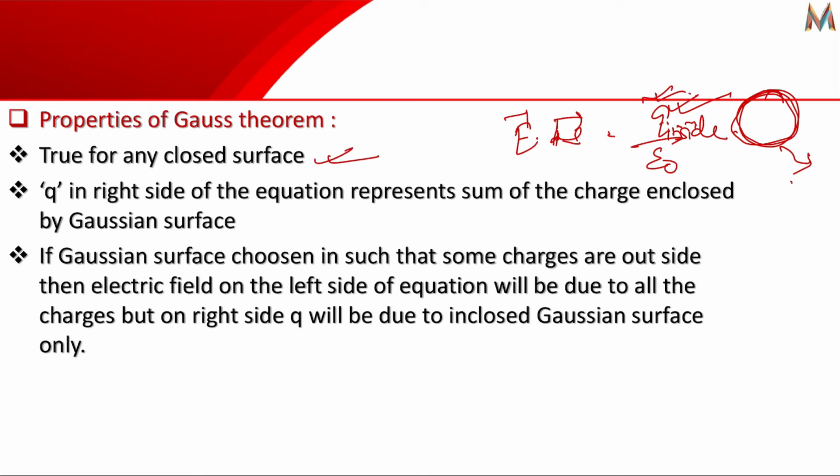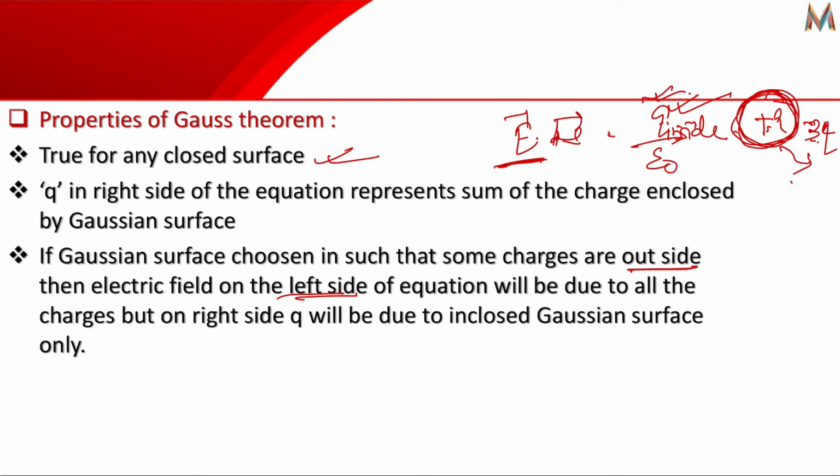Okay. Next, if the Gaussian surface is chosen in such a way that some charges are outside, let here be some charge plus q, and here a few charges of minus 3q, outside the Gaussian surface. So if we have chosen the Gaussian surface in such a way that some charge is outside the Gaussian surface and some charge is inside, then the electric field on the left side of the equation will be due to all the charges.